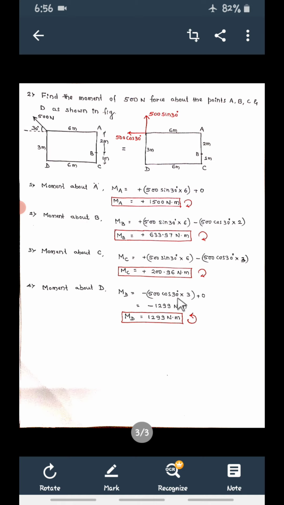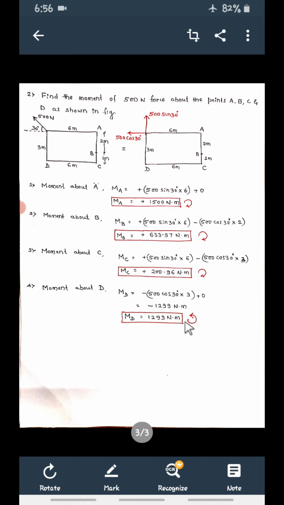The moment of the other force is 0 because it passes through D. So only this much, minus 1299 Newton meter. Remove the minus sign and write 1299; minus means anti-clockwise rotation.